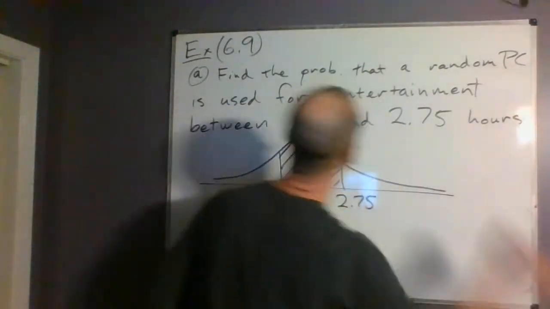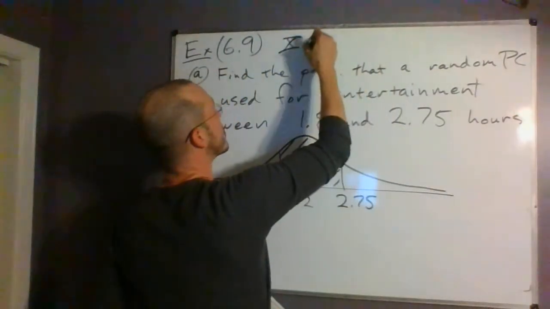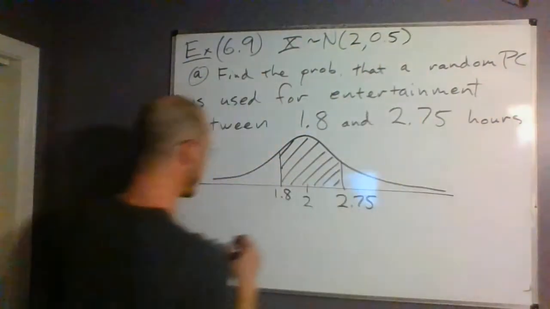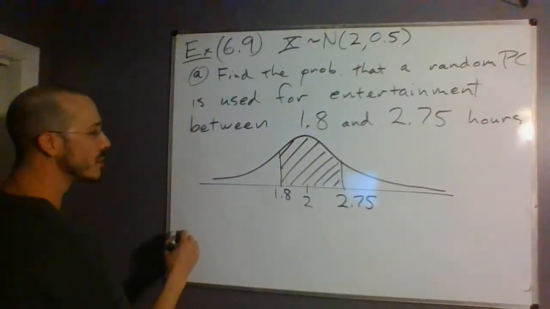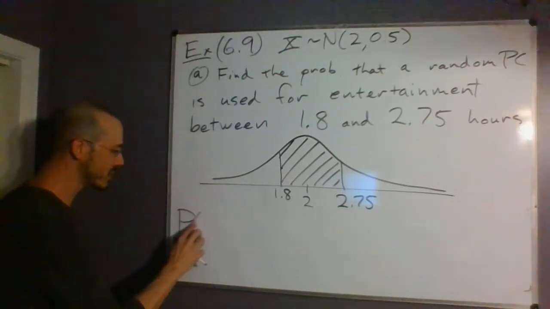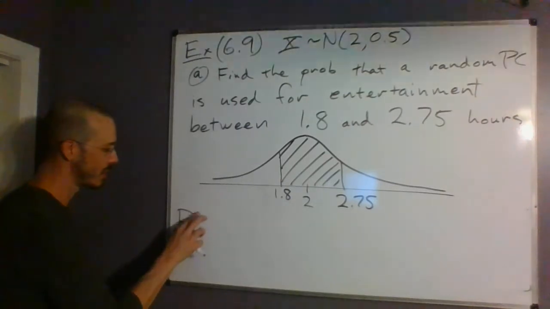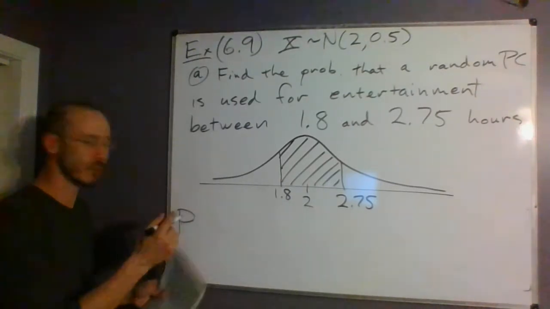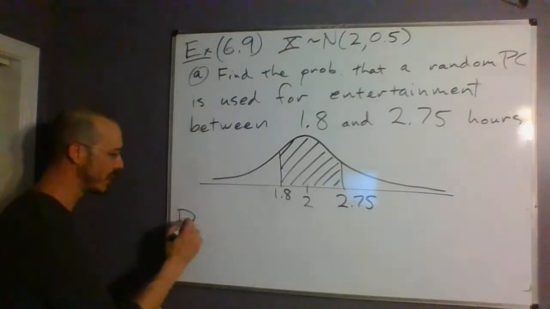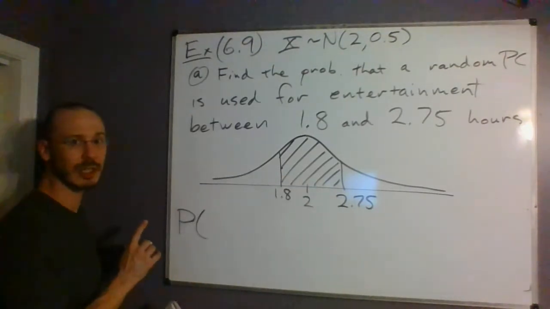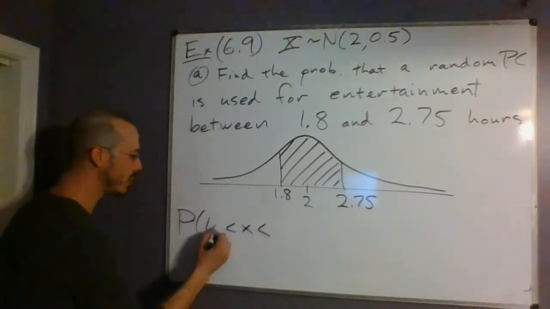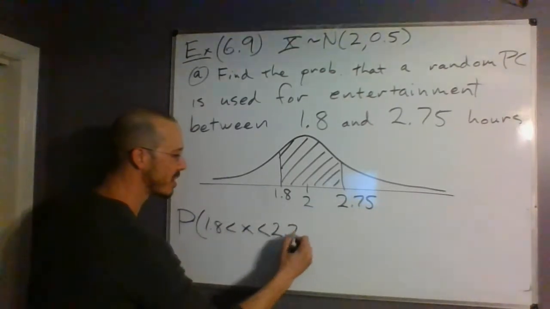Let me put this up here. So it's distributed normally with a mean of 2 and a standard deviation of 0.5. Here, I'm going to use the probability notation first to further organize what I'm about to ask the calculator. You can go straight from this, but I'm trying to find the probability that x is between 1.8 and 2.75.